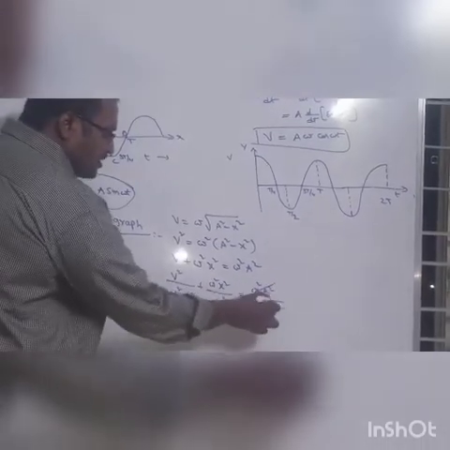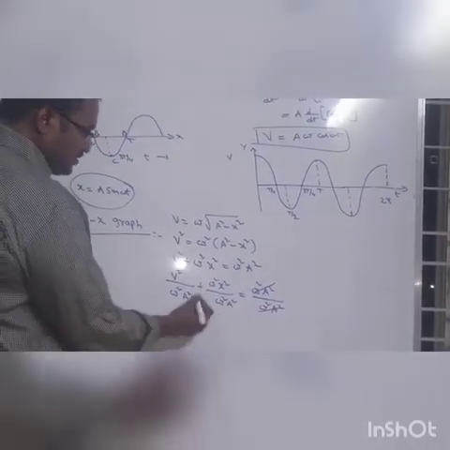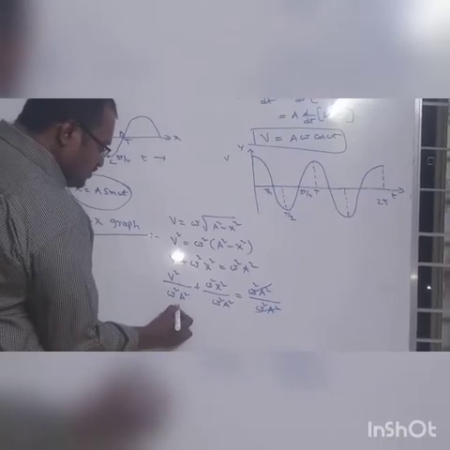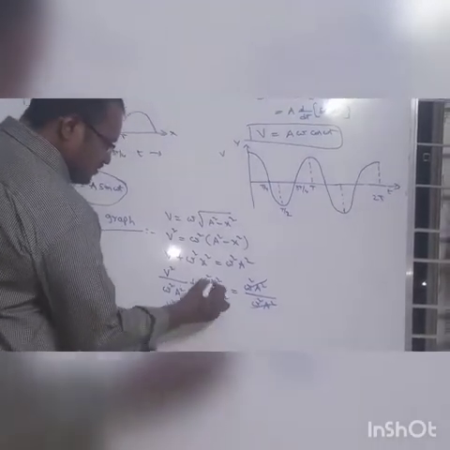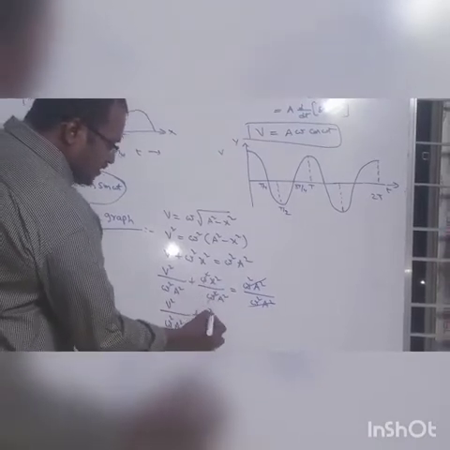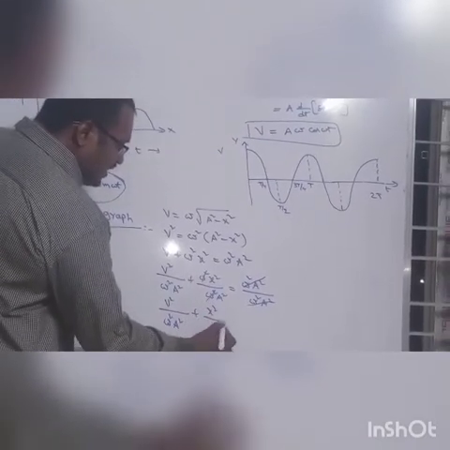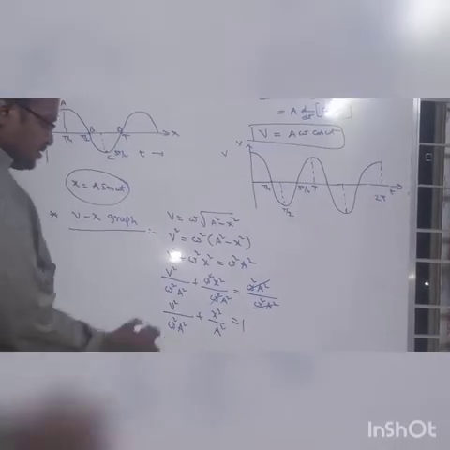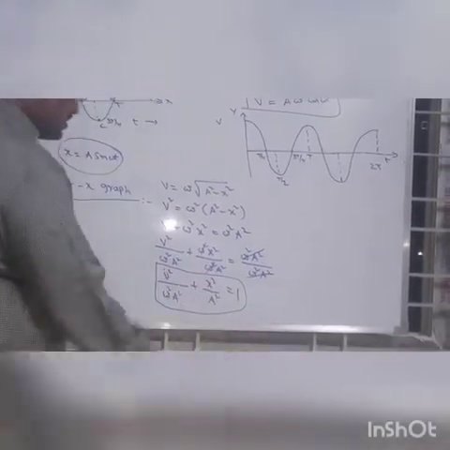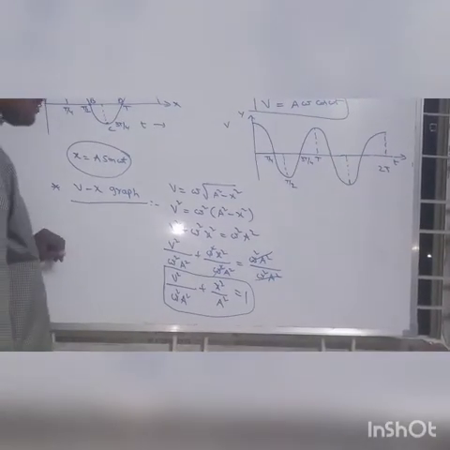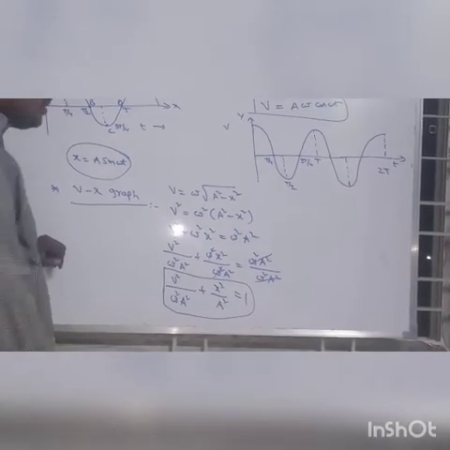So omega square a square cancels. The remaining is v square by omega square a square plus, omega square cancels, x square by a square is equal to 1. So here v square by omega square a square plus x square by a square is equal to 1.